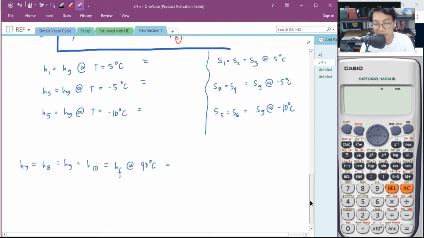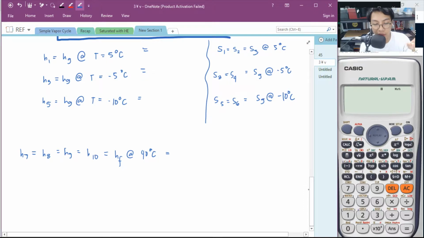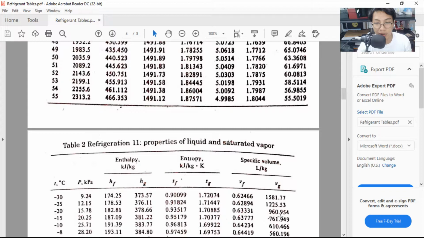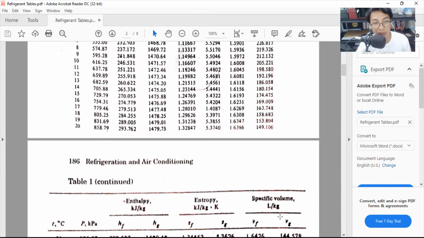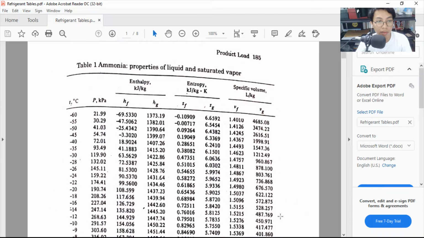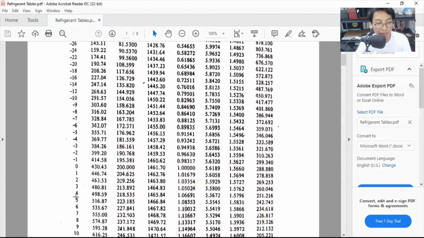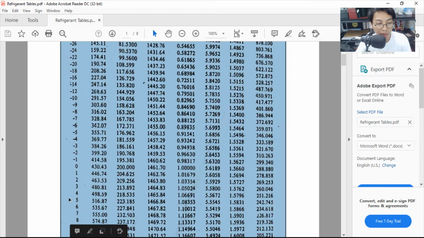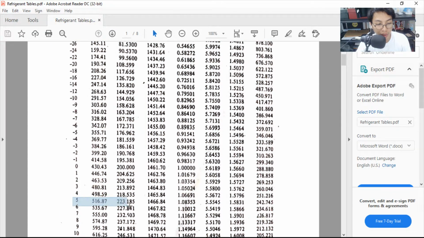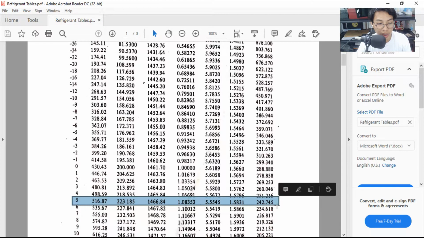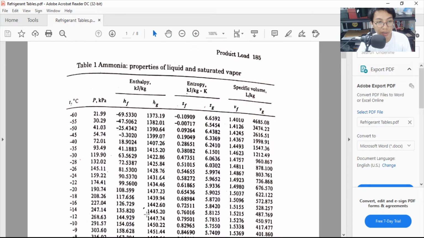Madali na po yan. You just look at your refrigerant tables. So, let me check my refrigerant tables. Ano ba nauna? 5 degrees Celsius ni ammonia. Okay, ammonia properties of liquid. So, H5 tuloy, 5 degrees Celsius. Ang kailangan natin is Sg and Hg.